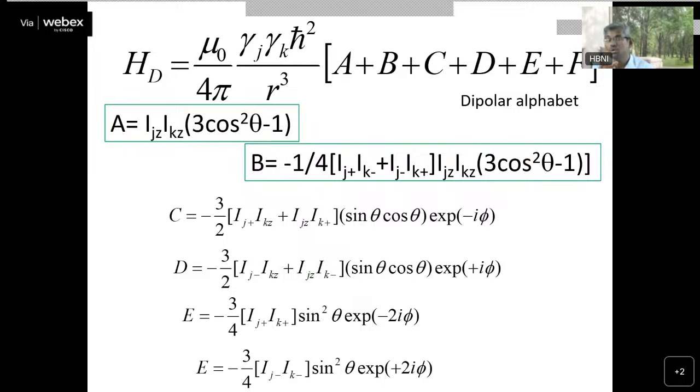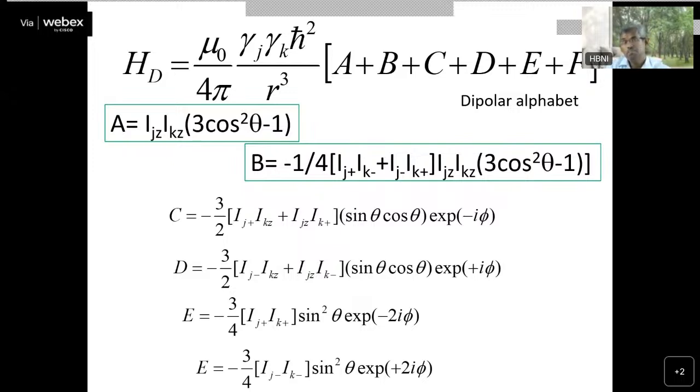But if you take a heteronucleus, like carbon 13 and hydrogen, then this raising and lowering operation does not conserve energy. The moment conservation of energy is not there, the B term becomes smaller. Only at that time we consider only the A term.